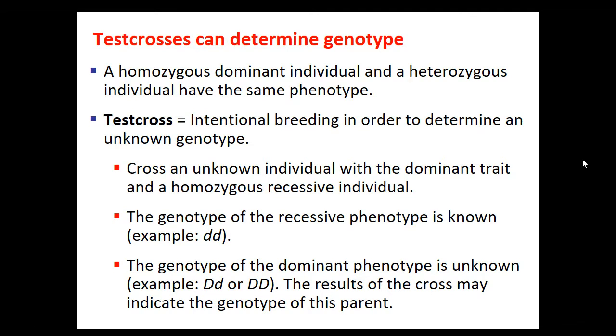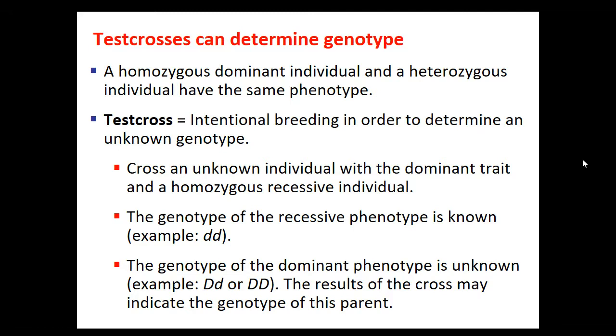We've already learned, if an individual has brown eyes, for example, we know that individual could be big B, big B or big B, little b, right? We don't know which, just by looking at it. All we know is one or the other. It's not little b, it's either big B, big B or big B, little b.